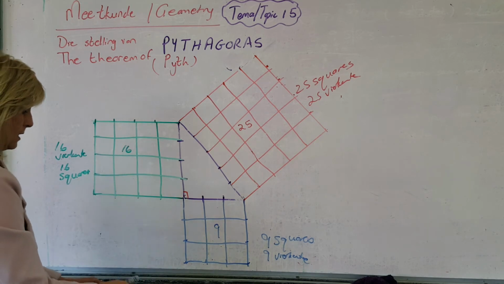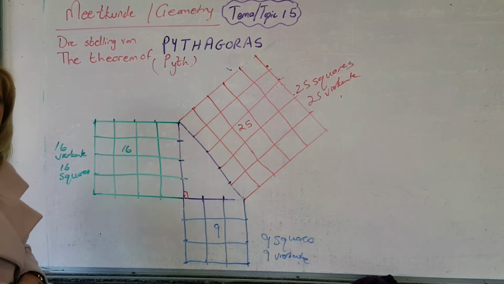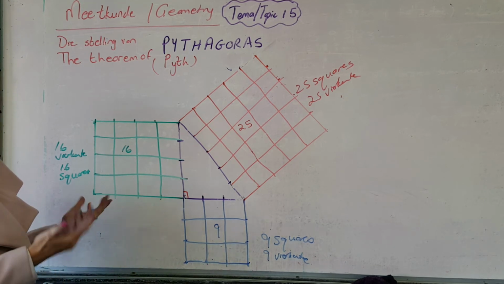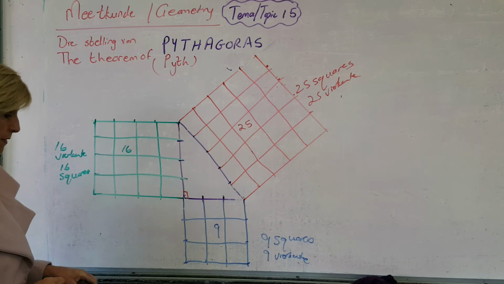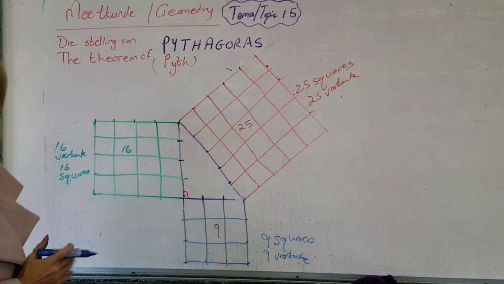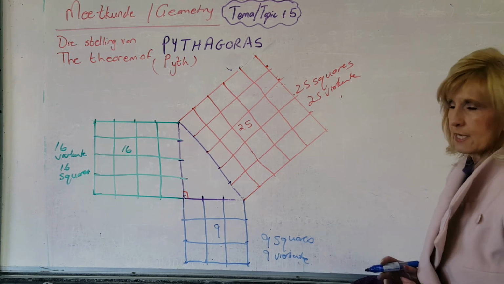Alright. So that, I must just tell you what the theorem of Pythagoras says as we finish off before we start actually doing some sums with the theorem of Pythagoras. The theorem of Pythagoras says, en jy gaan hom nou neerskryf, gaan ek eers in Engels sê.